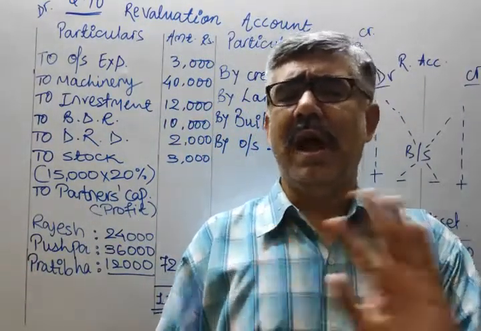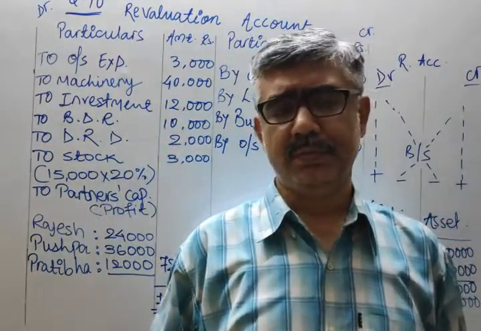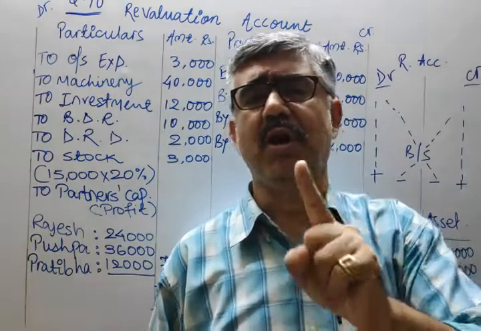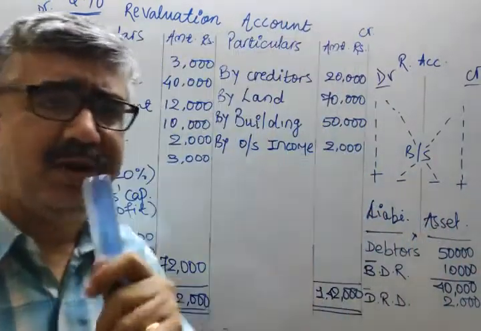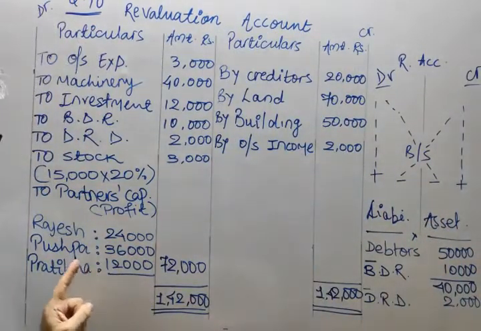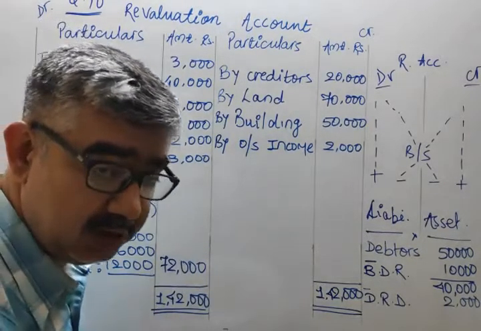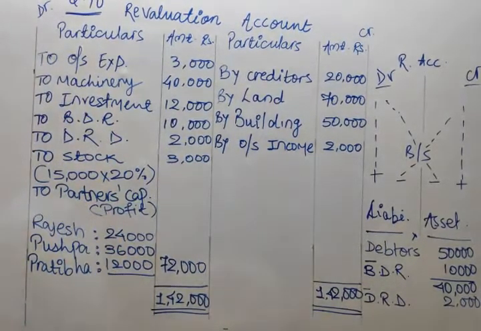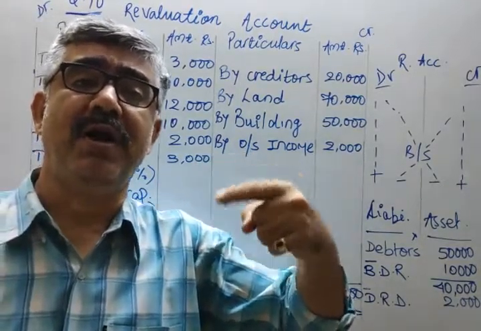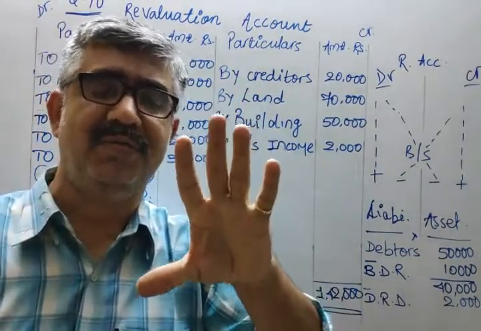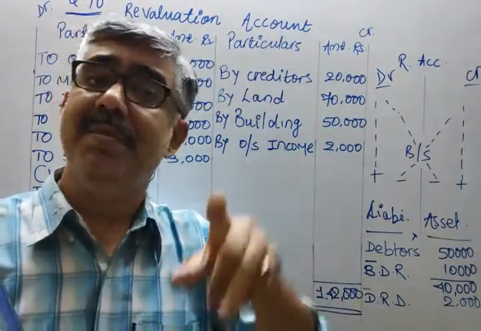Again I am saying I don't want anything in chapter 4. But if you commit even a single mistake, now let me tell you, this profit, listen carefully, we are going to transfer to partners' capital account. I am talking about chapter 5 and 6 both. My process is the same.